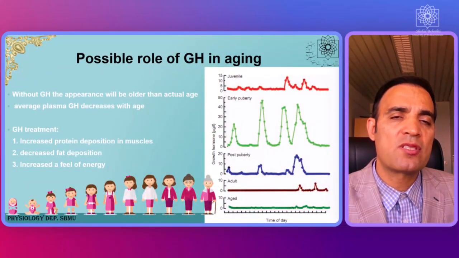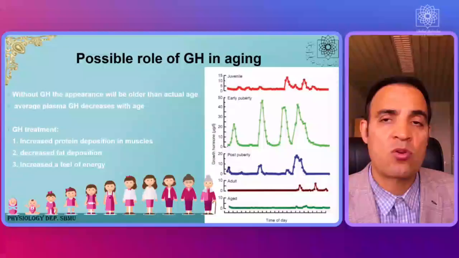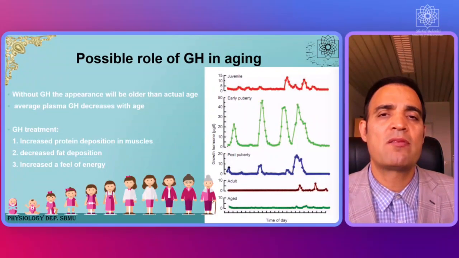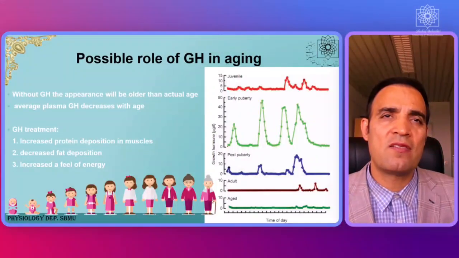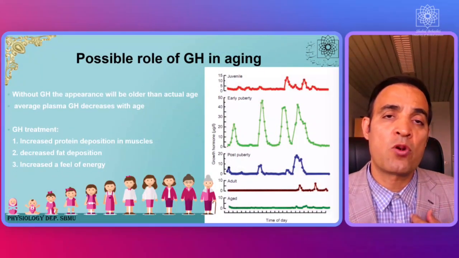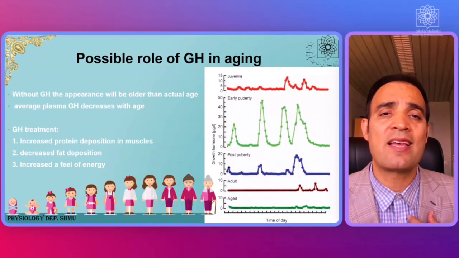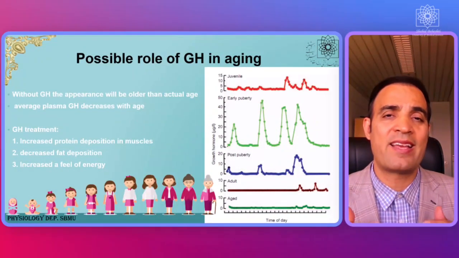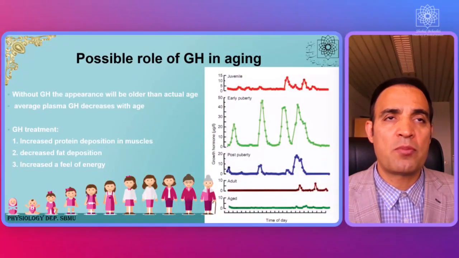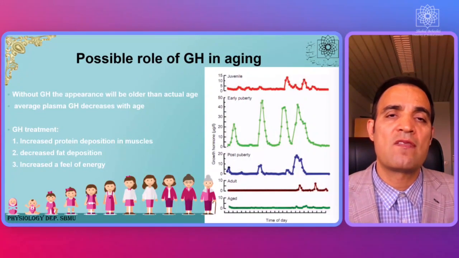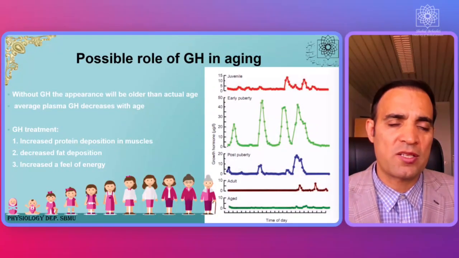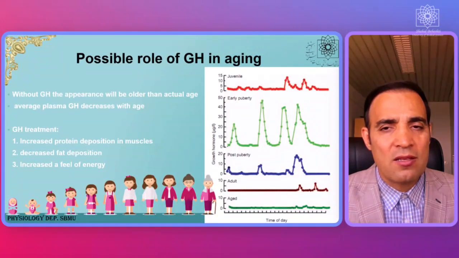Finally, let me tell you some points about the growth hormone role in aging. There are some paradoxical results, but generally, physiological growth hormone is important for the growth of the body, and it is against the aging process. However, in some pathological situations, it has been said that growth hormone can also promote the aging process.